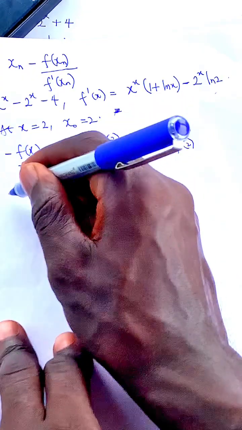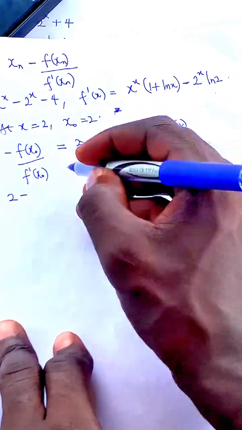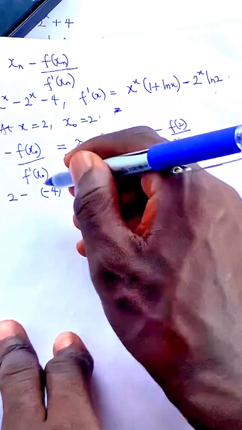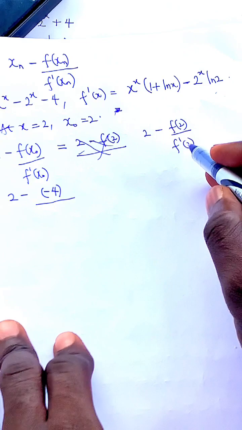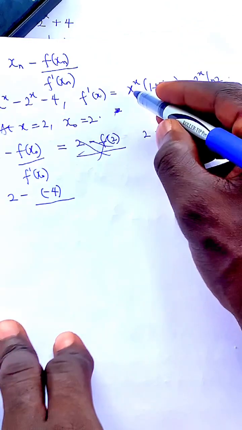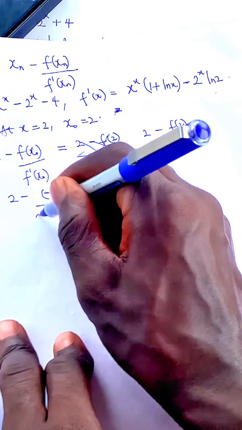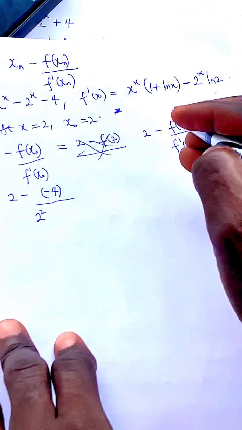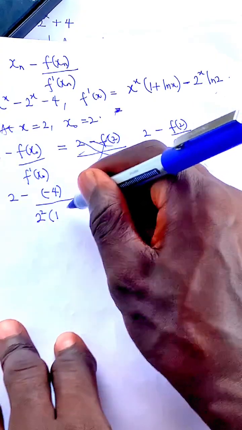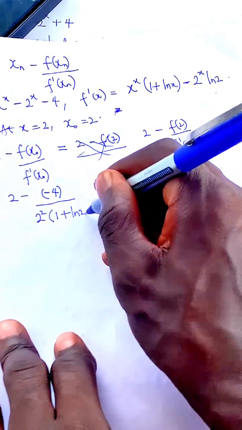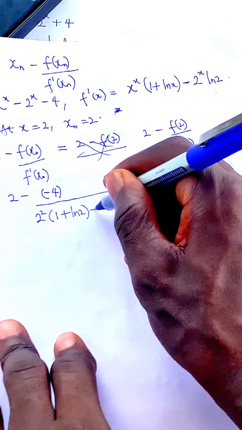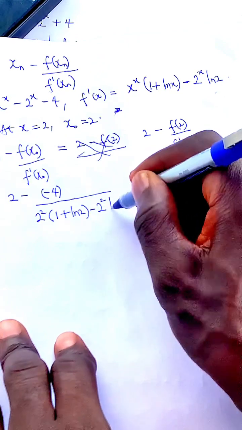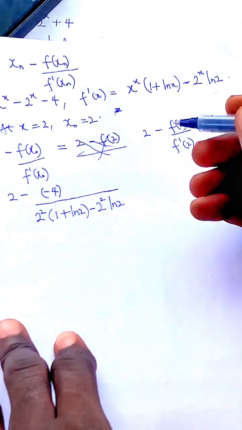So at x equals 2, we just place it here like this. So we have equal to 2 minus, here is minus 4, okay, all over f prime of 2, then here will be 2 raised to the power of 2, right? 2 to the power of 2 into 1 plus ln 2 minus 2 to the power of 2 into what? ln 2, okay?